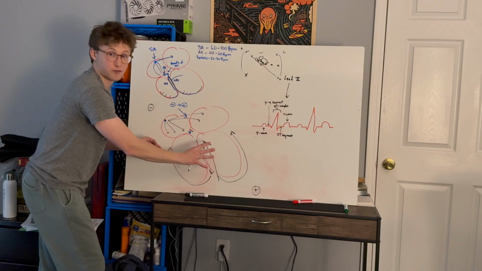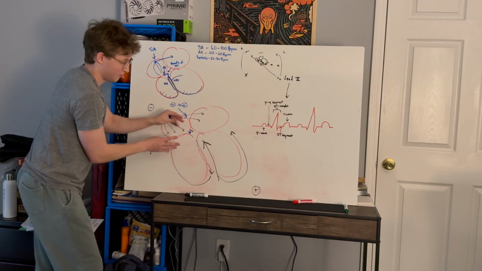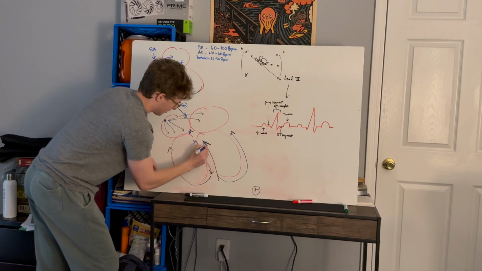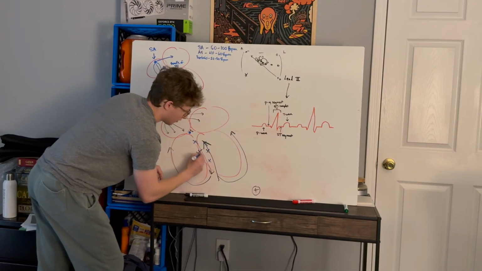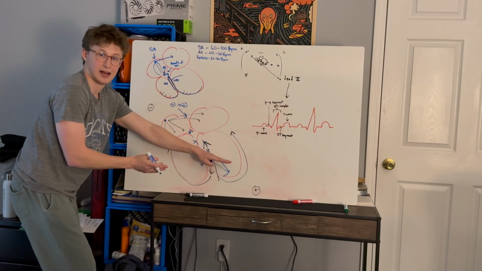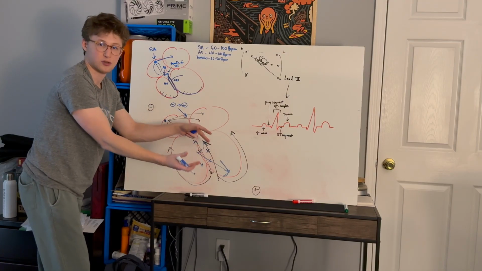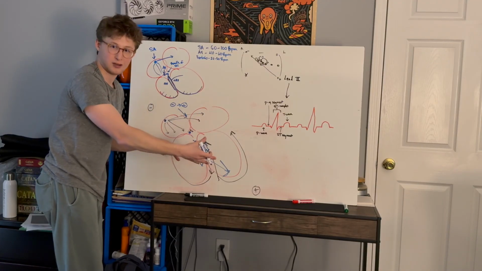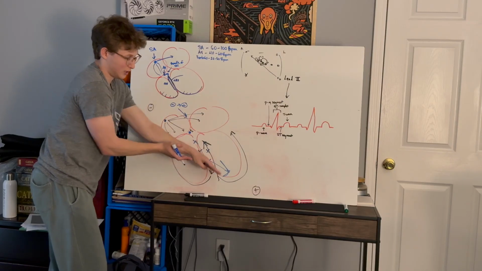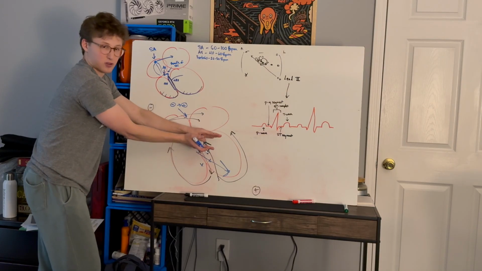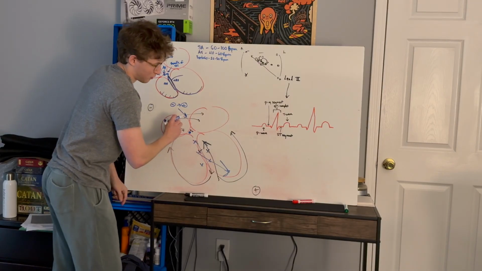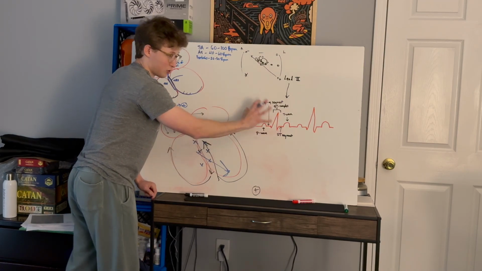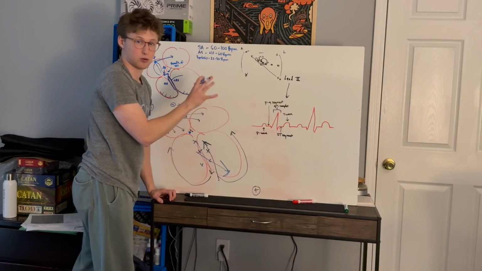Because these were negative before the AV node released its action potential, and they're going to change to positive in the direction like that, kind of over to the left, because the left ventricle has a lot more tissue than the right, so there's more tissue for electrical activity to actually be changing in, and so the vector of charge is skewed to the left a bit. Don't worry about it. But it's moving towards our positive. So positive towards positive gives us this giant upward deflection. So QRS complex is ventricular depolarization.